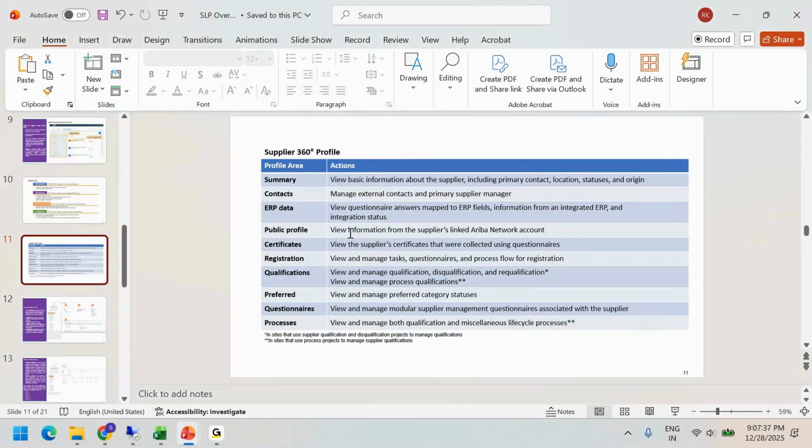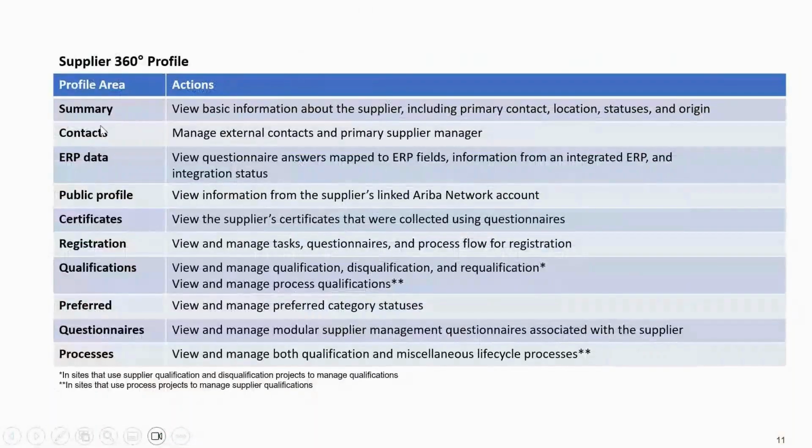Just a minute. So we have many profile sections. The summary section, I just tried to cover that. The contacts, the ERP data, public profile, certificate registration, qualification, preferred, questionnaire and processes.